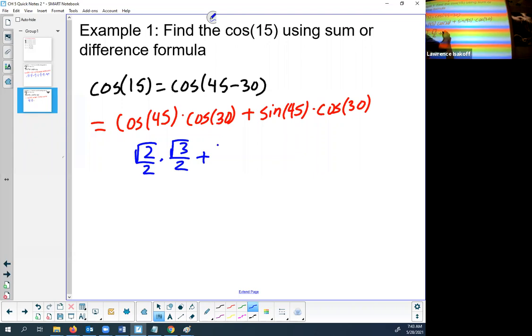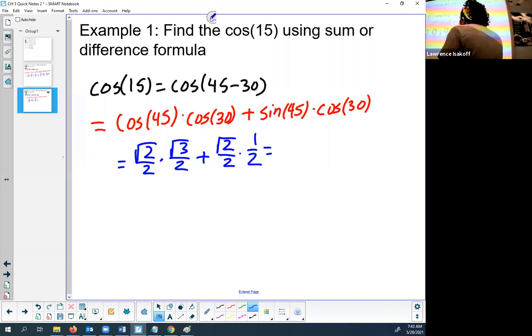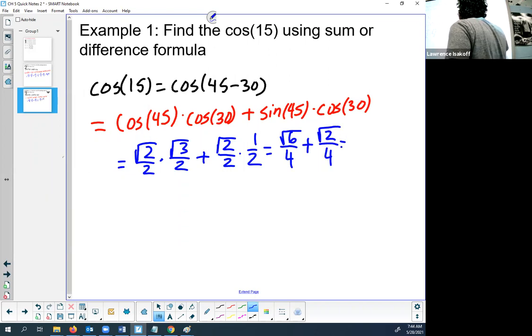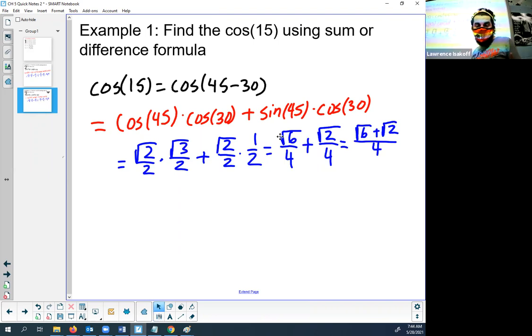And then sine of 45 is root 2 over 2. Sine of 30 is 1/2. So actually, this looks like the exact same math we just did. Once we get the numbers in there, we're looking good. So that's going to be square root of 6 over 4 plus square root of 2 over 4, which is root 6 plus root 2 all over 4. And that's it.